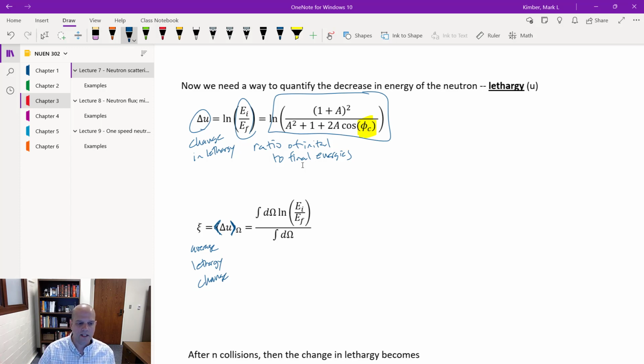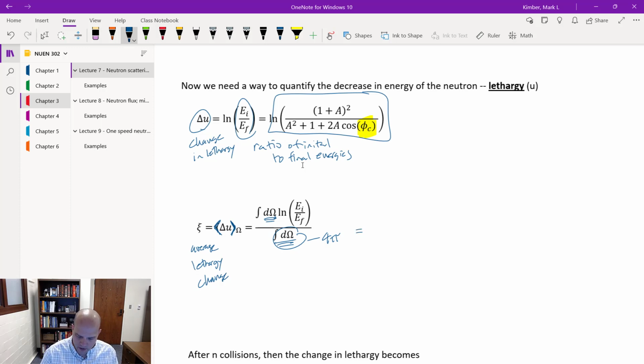It's going to be a data set. Then I take the average of that, and this is what I get. And so in order to compute that average, we need to integrate over the entire solid angle domain. And that's what we're doing in this numerator. And then we divide by the total solid angle integral there. So this thing here is going to be 4 pi.